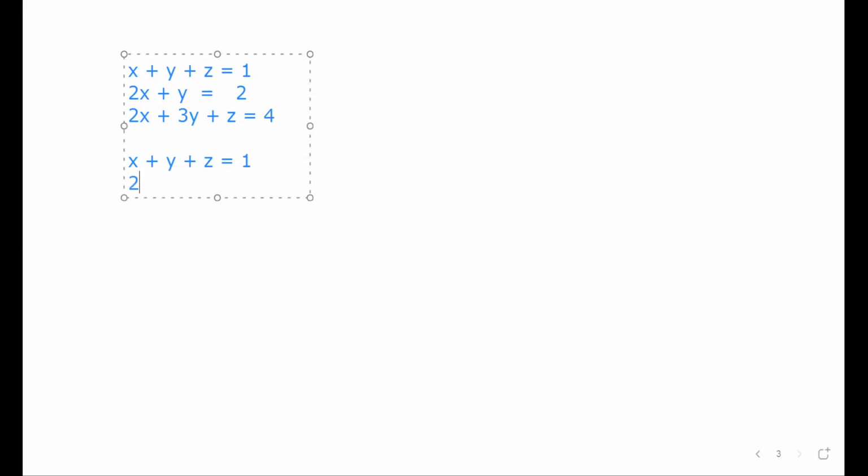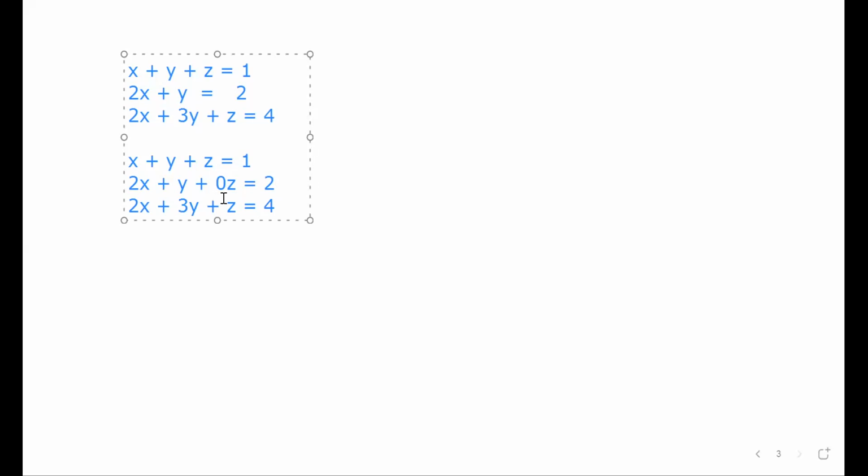Second equation, 2x plus y plus, there is no z here. Therefore, you have to put 0 into z. 0 into z, always 0. So no issue, is equal to 2. The third one, 2x plus 3y plus z is equal to 4. Okay, now it is in order.